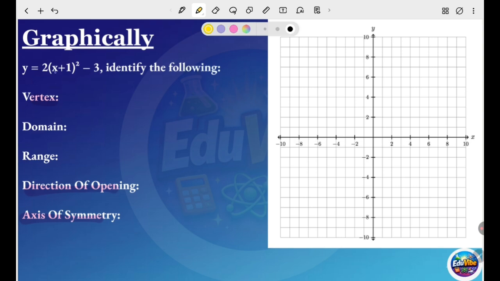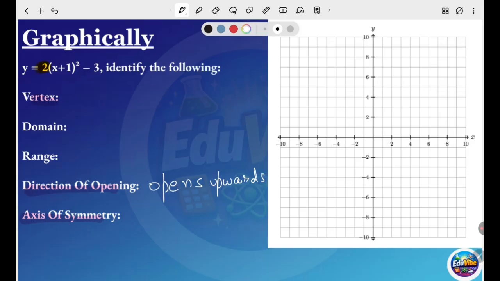Here we have a equal to 2, so a is greater than 0. When a is greater than 0, the graph opens upwards. So the direction of opening is upwards.